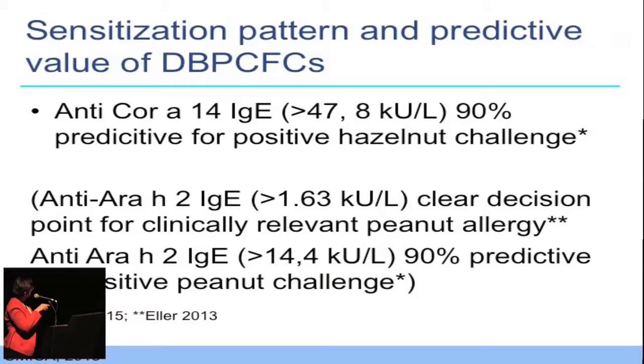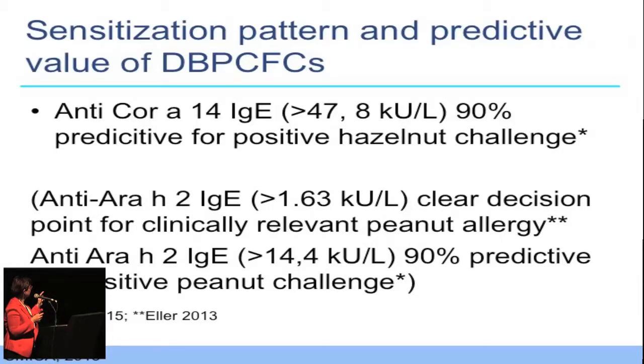I mixed in the peanut data, because in the Kirsten Beyer publication there was also data for peanut, and in this case again it's the 2S albumin, the specific IgE directed against Ara h 2, and here she identified a cutoff of 1.6 kilounits per liter as a clear decision point for clinically relevant peanut allergy.